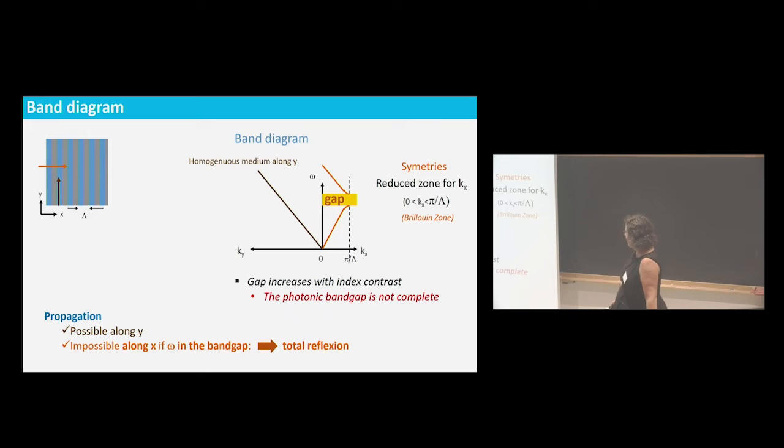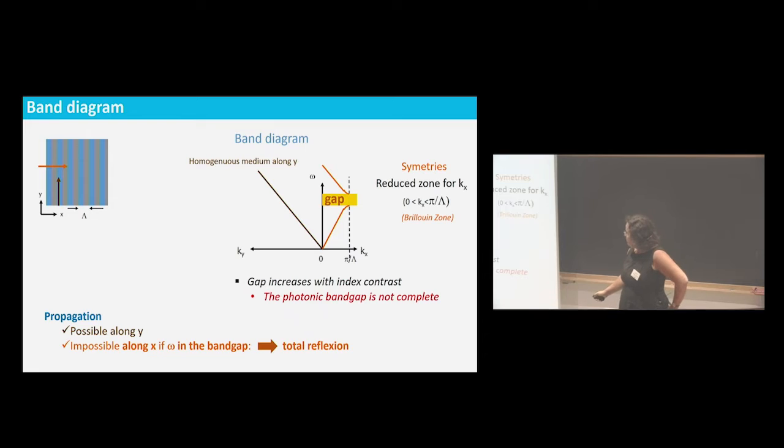You obtain the gap here, and this gap increases when you increase the index contrast between the two materials. Here we are in the case where the photonic band gap is not complete. That means that if I choose a wavelength which is here, there will be no propagation along X, but there can be a propagation along Y.